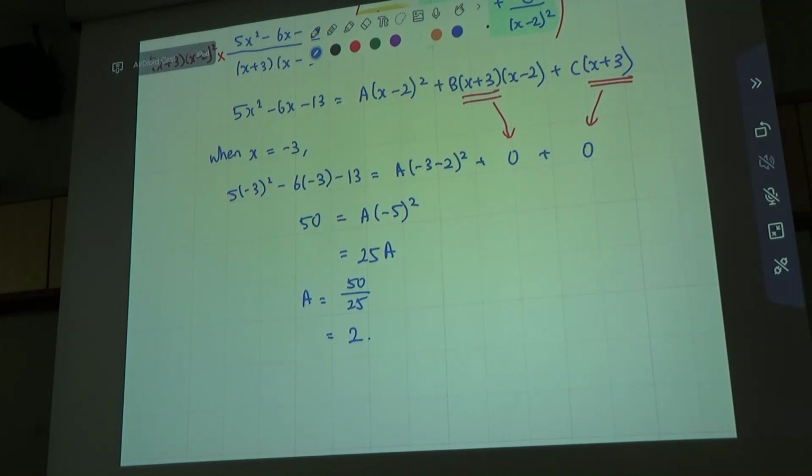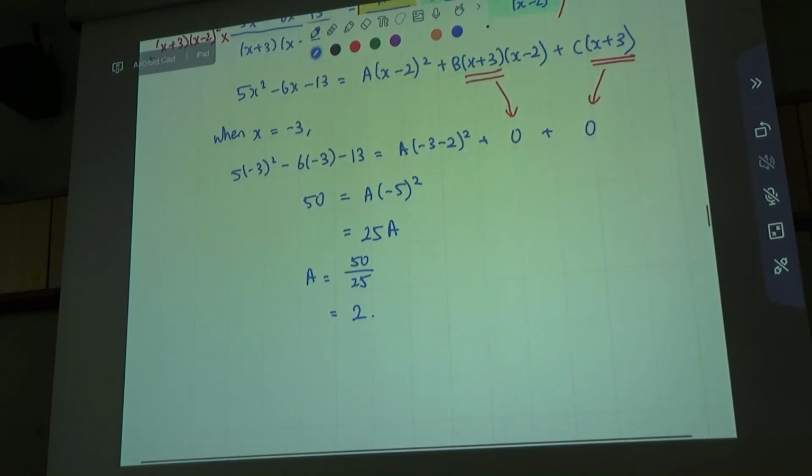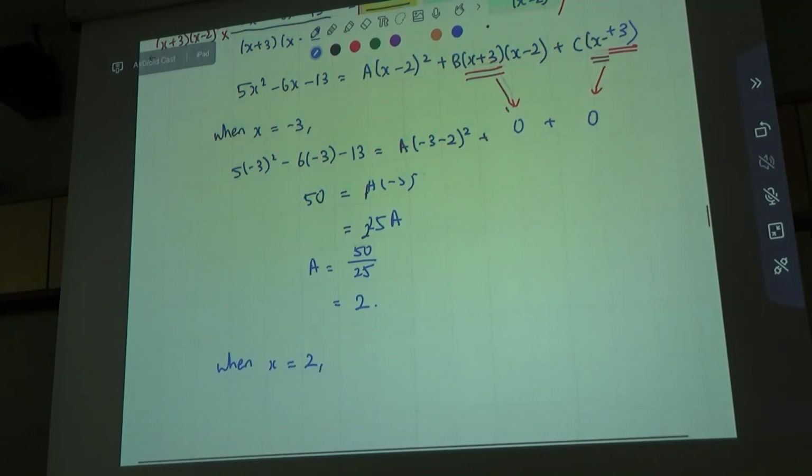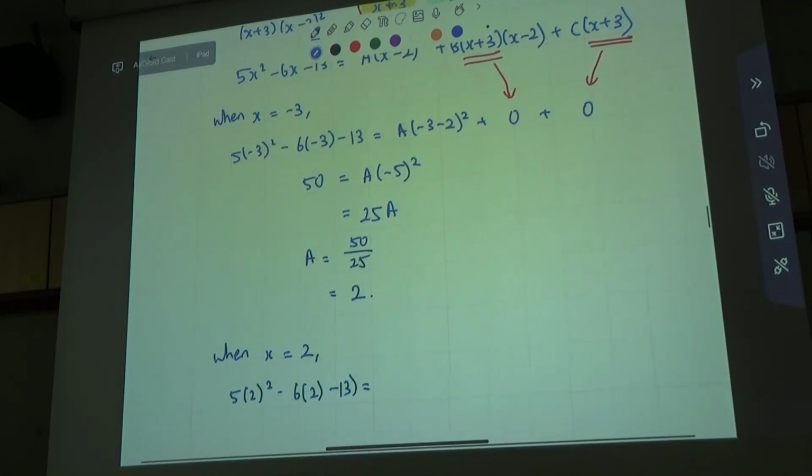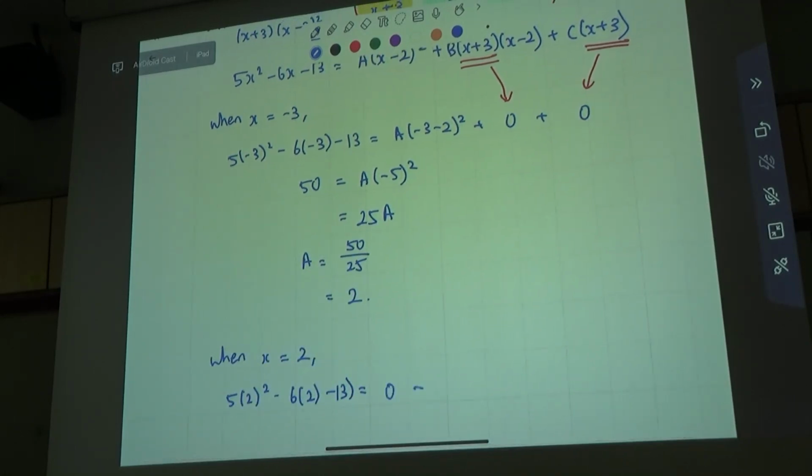Okay, let's find the value of B or C. Okay, C will be the next easiest one to find. So to find the value of C, we will now choose x to be equals to 2. So I'm going to have 0 here plus 0 plus C times 2 plus 3.